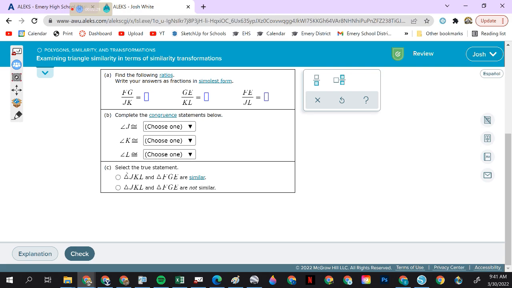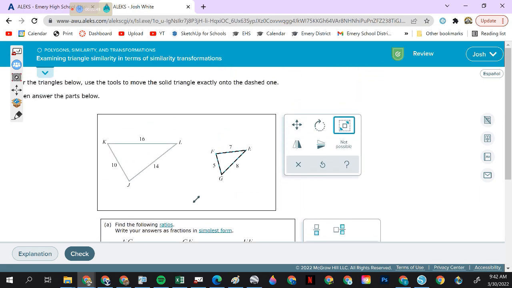Okay, and then when you select the similarity statement, JKL and FGE are similar. So J lines up with F. So J and F, it could be this one. Let's come up here.